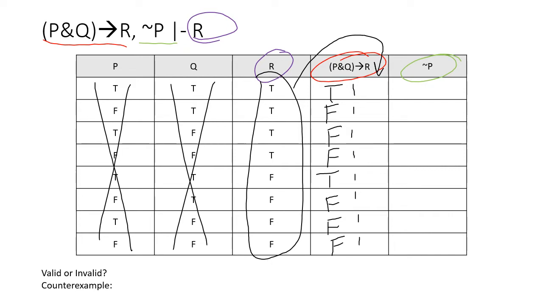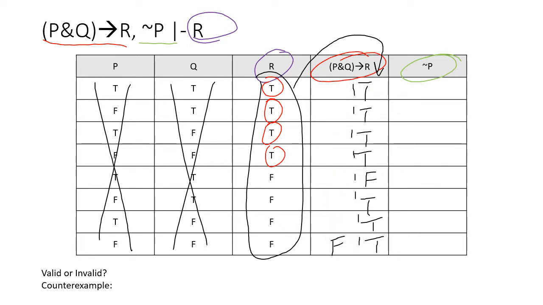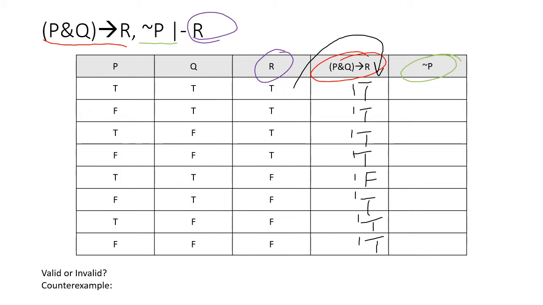So an arrow is true wherever the left side, the antecedent, is false, or the right side, the consequent, is true. And so it's going to be true for all of these, with the exception of this one. And we can erase this column now. We don't need it. And so that's that premise.